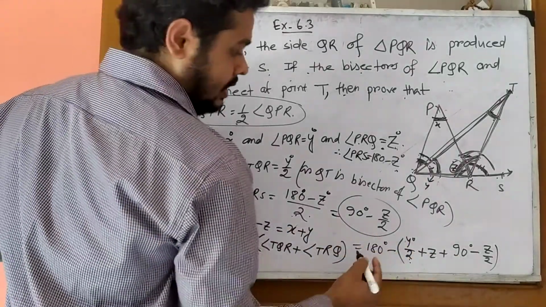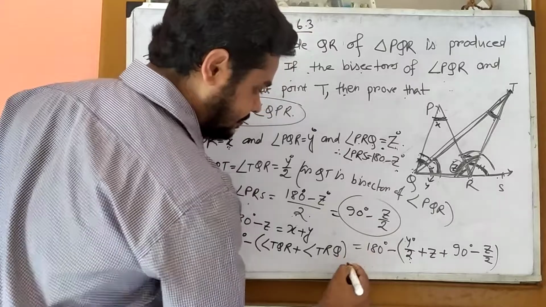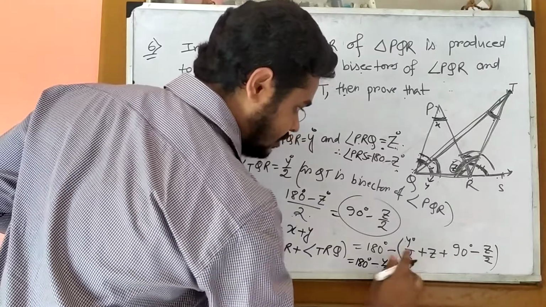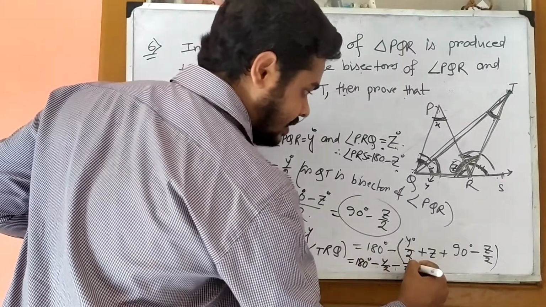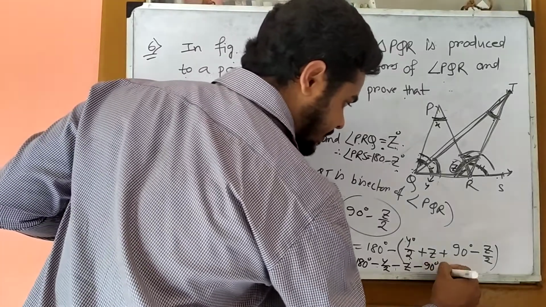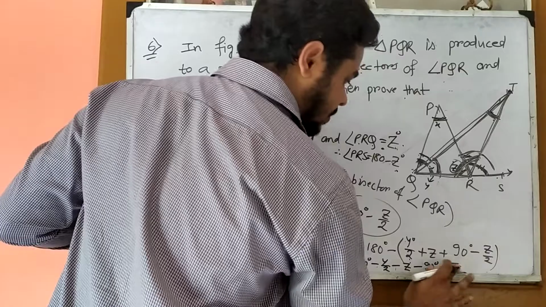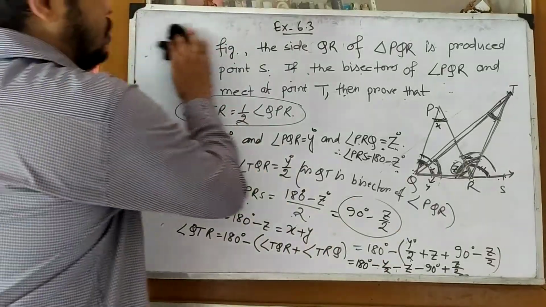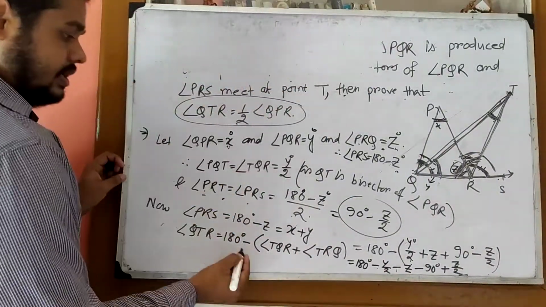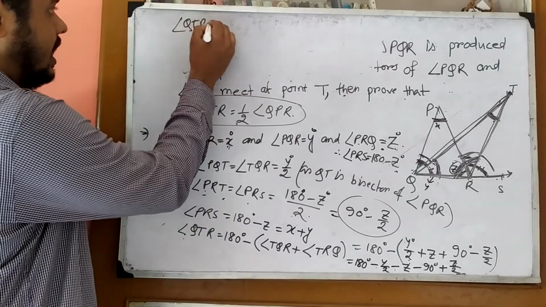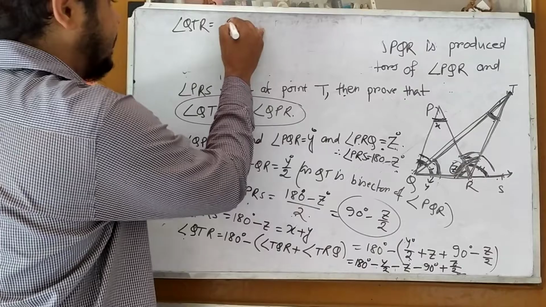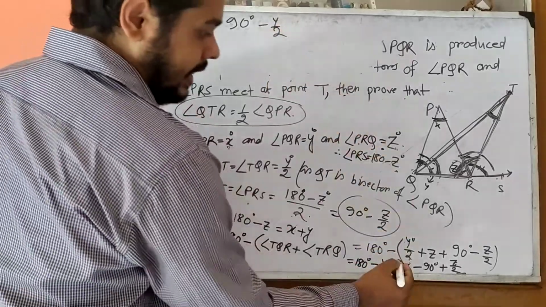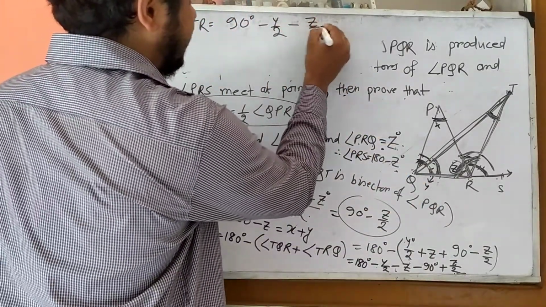Now after simplifying, we can write angle QTR equals 180 minus 90, which means 90 minus y by 2, and minus z plus z by 2, which means minus z by 2.